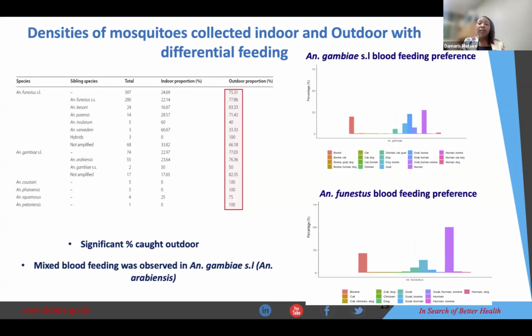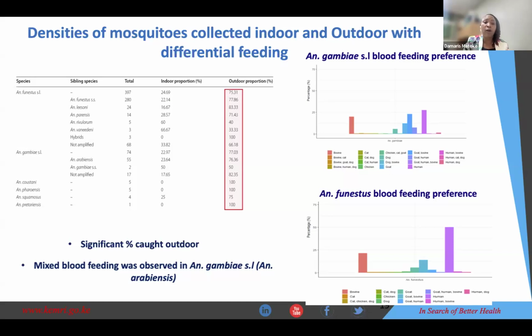When we look at blood feeding, because we needed to understand the blood feeding preferences of these vectors, as far as Anopheles sensu lato is concerned, we could see that there is a preference to feed on humans, but also a preference to feed on bovines. This is mainly because of arabiensis.